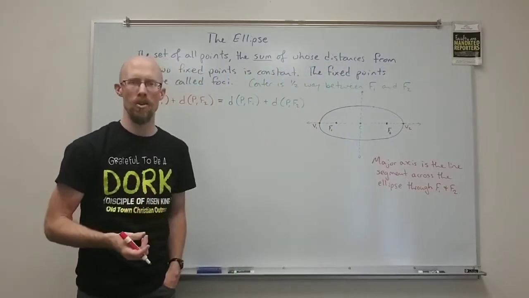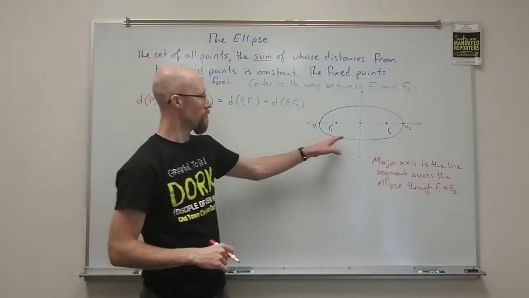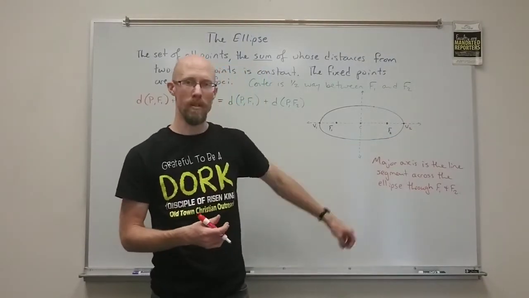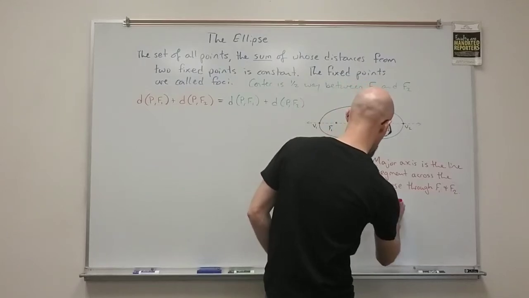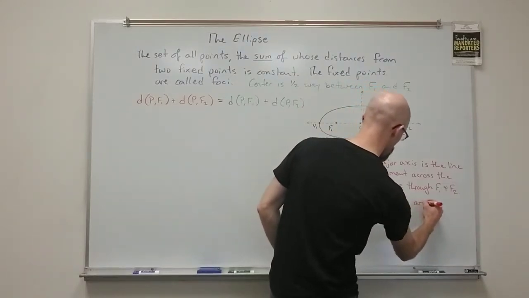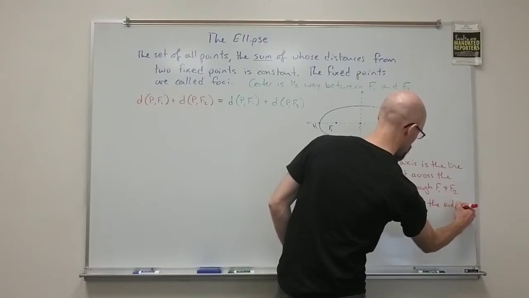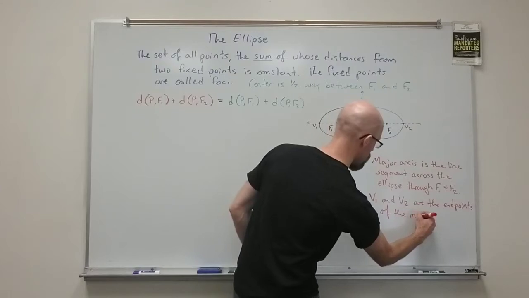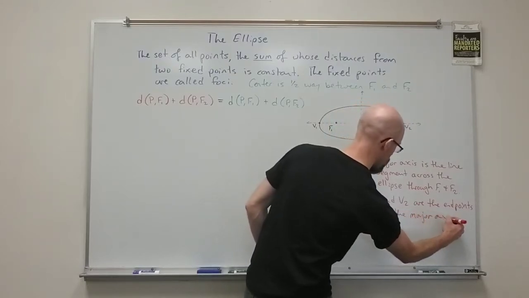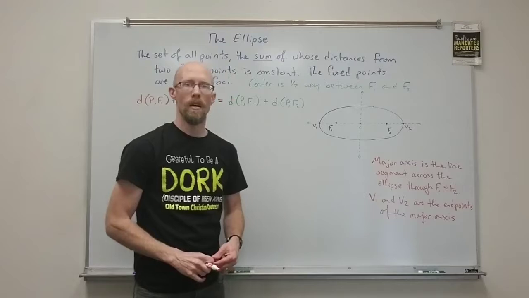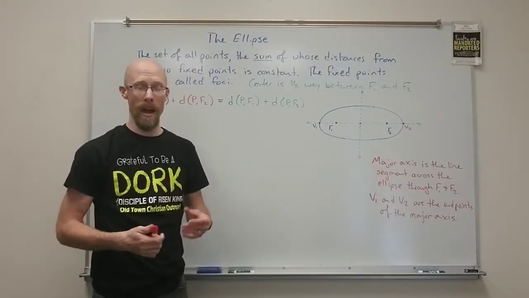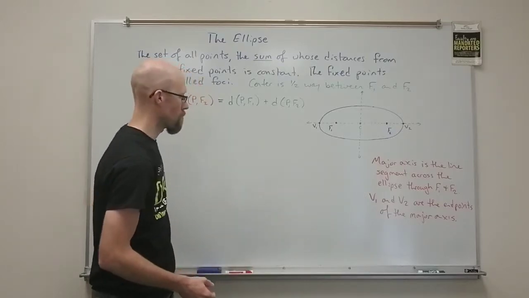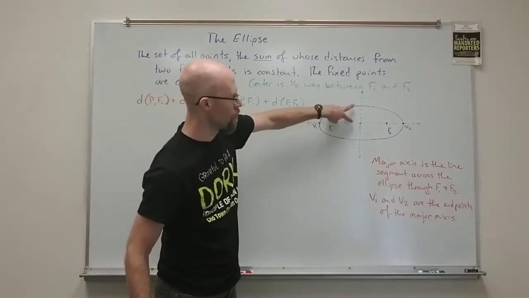All right, that's the major axis. V1 and V2, the vertices, are the endpoints of the major axis. Okay.